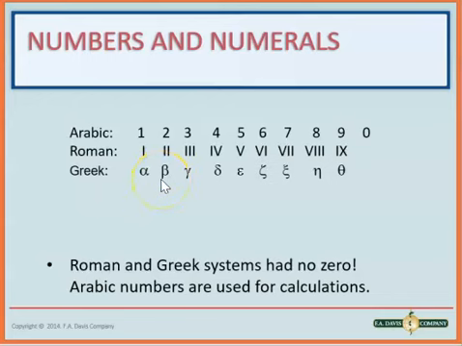So you need to make sure that you're familiar with all three of these numbering and numeral systems so you'll be able to refer to things in the laboratory. And something of note, the Greek and the Roman system have no zeros. Your Arabic system is the only one that includes a 0. So our Arabic numbers are used for calculations.